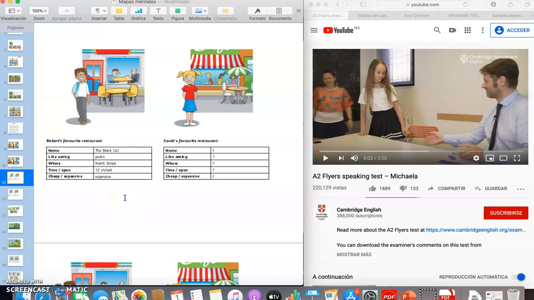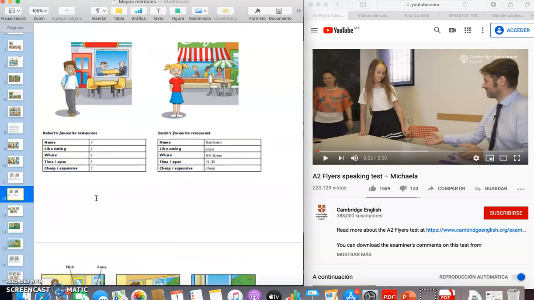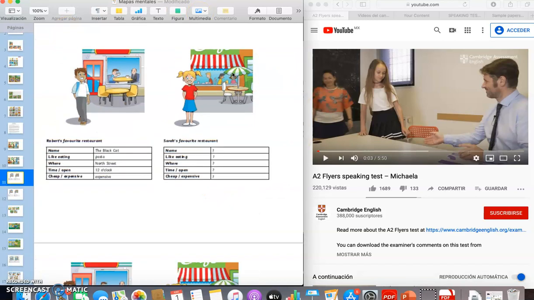So the examiner will keep asking you questions because you have the answers here to use them. Okay? Now, in the next image, in the examiner's image, he has the information about Sarah. And you don't. So you need to ask the questions.